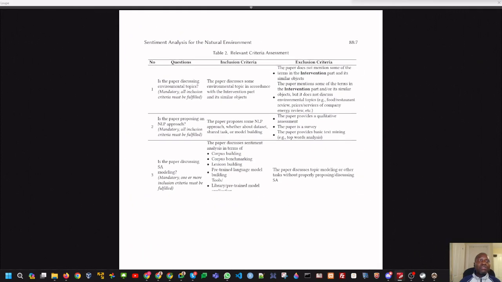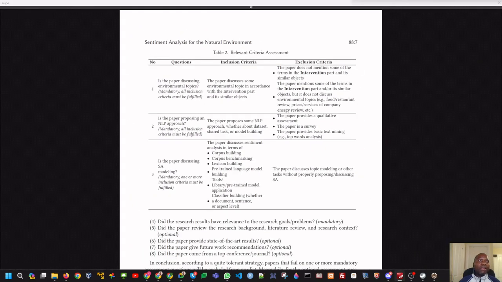And now they are expanding the relevance criteria to include some of the works that we have seen. This table gives much more detail. It's just a blow up of the criteria they were indicating.